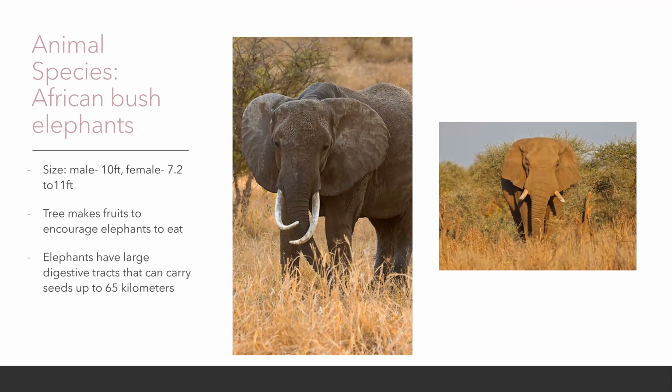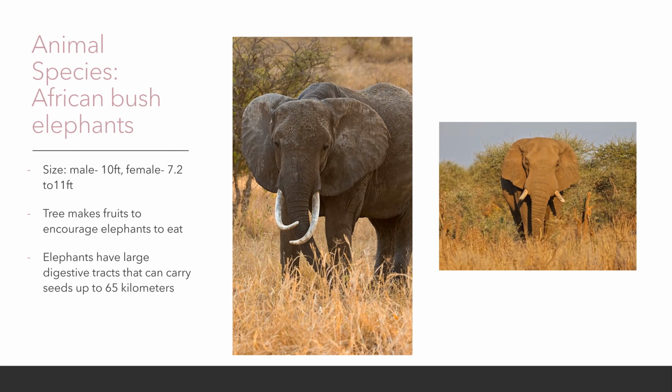Then the animal species that this paper was studying is the African bush elephant, and their size differs by gender. Males are 10 feet tall and females can be anywhere from 7.2 to 11 feet tall. The trees make fruits, like I showed in the previous slide, and that is what encourages the elephants to eat.